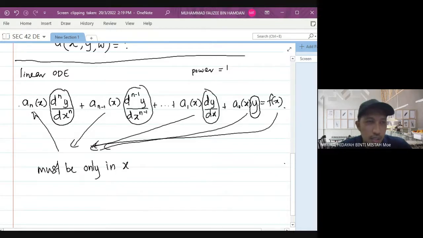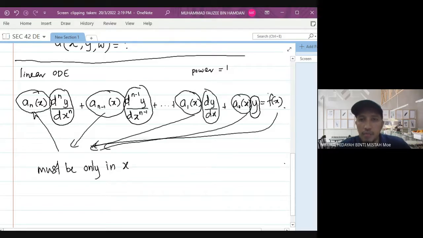This is only in terms of x, this is also in terms of x. The coefficient of each differential coefficient must be only in terms of x. This is also in terms of x. There cannot be y inside those terms. So that is the second condition. If all of these are in terms of x, then it is a linear ODE.